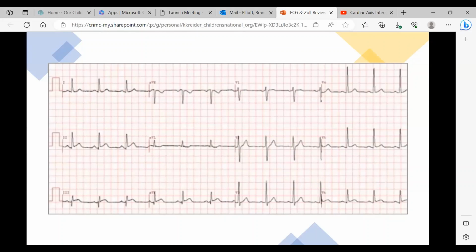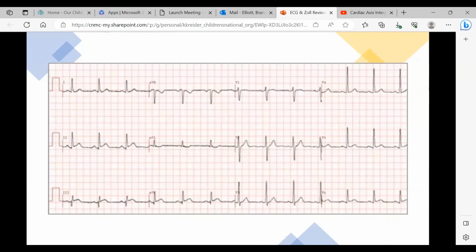Is II and III elevated, Gwenny? Maybe aVF? Oh, the T is above the axis. So ST elevation in II. Is that what we're going for? Yeah, ST elevation, I think. But V4 and V5 do not.